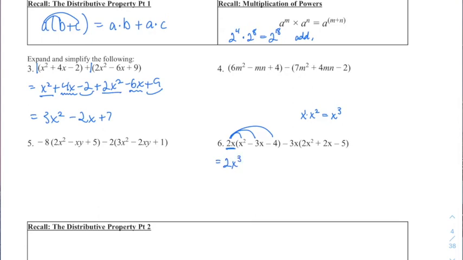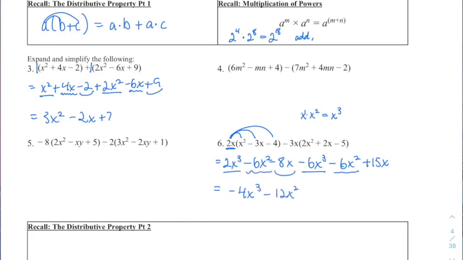So we have 2x to the power of 3 minus 6x squared minus 8x, 6x cubed, minus 6x squared plus 15x. Okay, and then we would collect like terms. All right. Okay, so make sure you do 4 and 5 and check those.